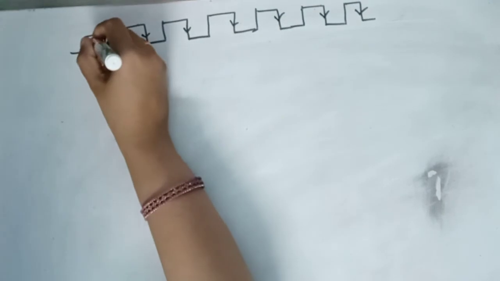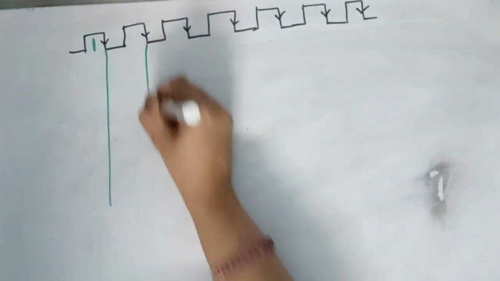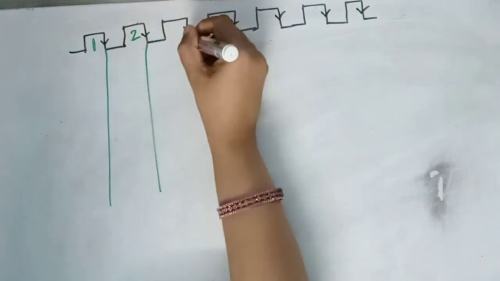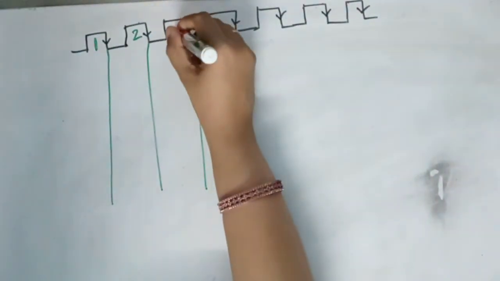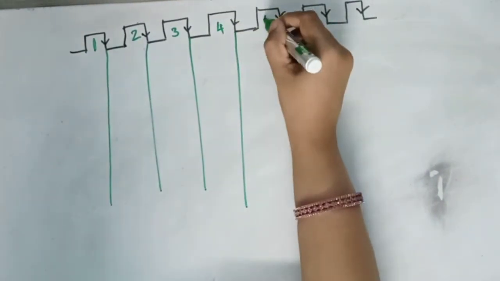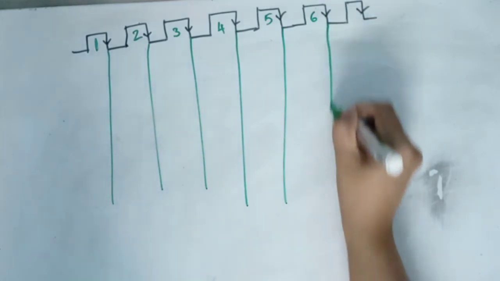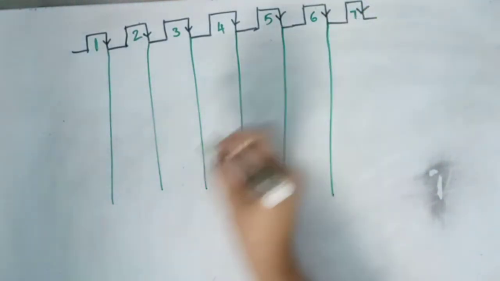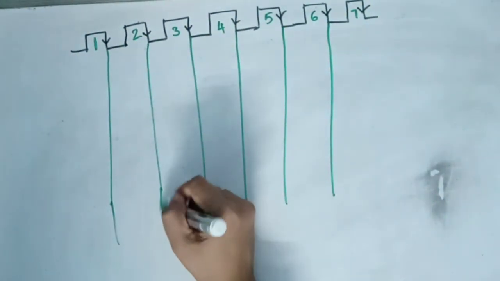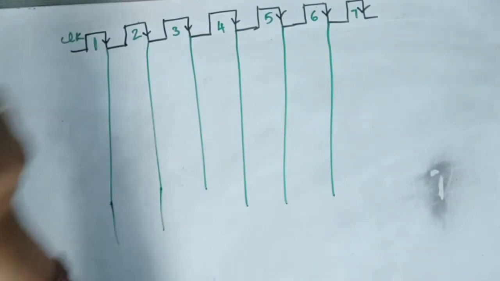So this is clock number 1, 2, 3, 4, 5, 6, 7. So these are the clock pulses.